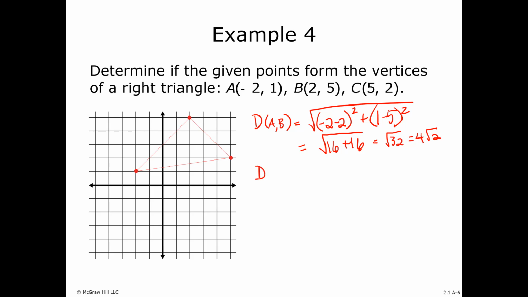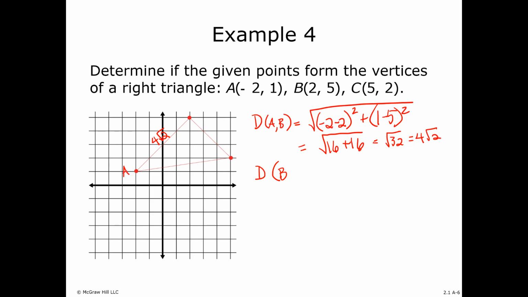And then we'll look at the distance from B to C. Well, hang on, let me just write that in. 4 square root of 2 over here, from A to B right here. So 4 square root of 2. And then the distance from B to C, let me just mark these.